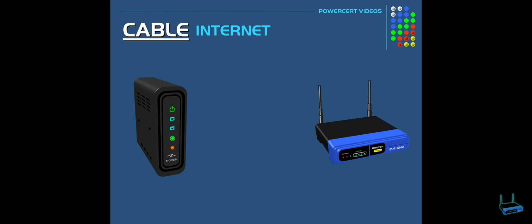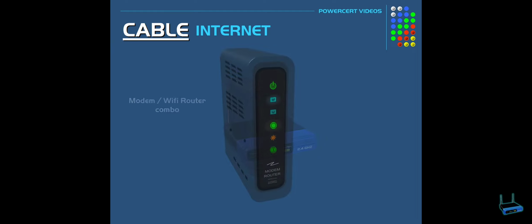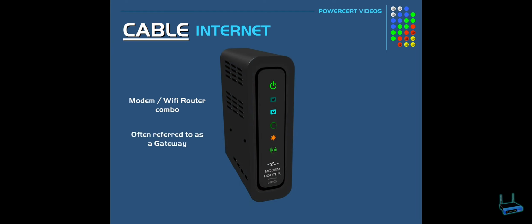So if you were to order cable internet for your home, your cable internet provider would send you a modem, or typically they would send you a modem with a Wi-Fi router combo, which is often referred to as a gateway. And this device would be a modem with a built-in switch and Wi-Fi router all in one.